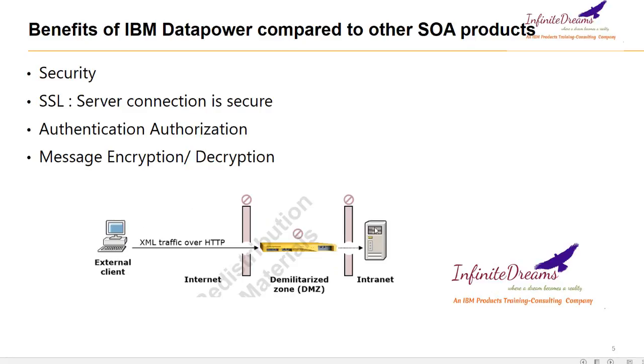Most of the time these integration tools and products are used in real time transactions. Suppose I am making a transaction in a bank, I want to withdraw some money, and the response takes 5 minutes. Next time I will not do that transaction, and I'm not sure whether my transaction is valid or not.